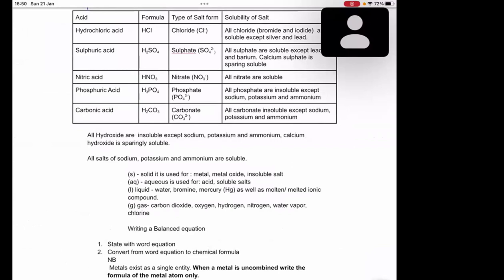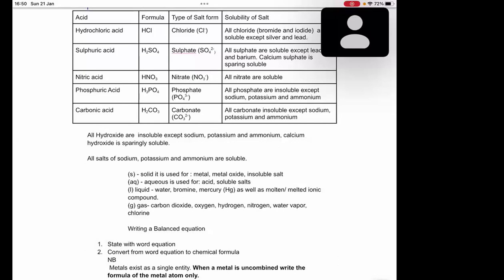Once we have an acid in the equation, we are going to use AQ. If a salt is soluble, we are going to use the state symbol AQ. So for example, hydrochloric acid, I will use AQ. Zinc nitrate is soluble, so I use AQ. Sodium chloride is soluble, so I use AQ. Sodium hydroxide is a soluble substance, I use AQ. Ammonium phosphate is soluble, so I will use AQ.